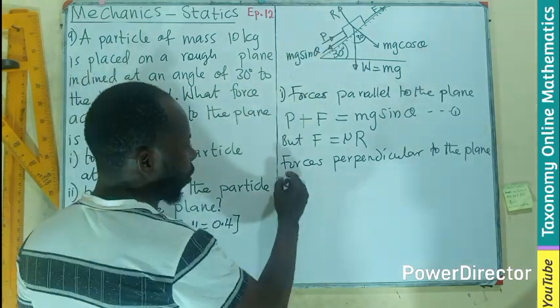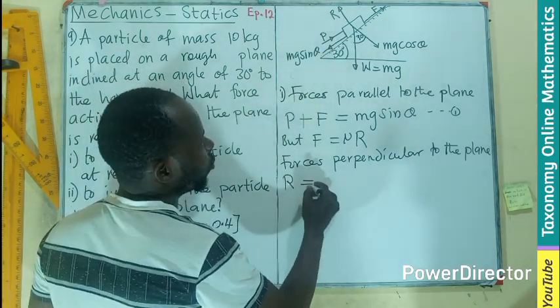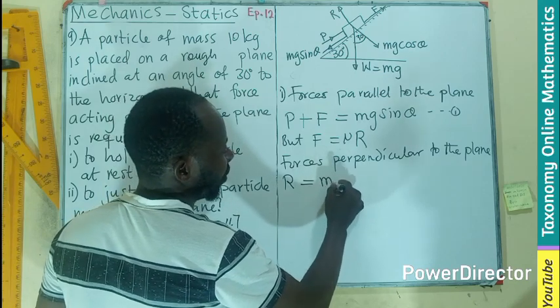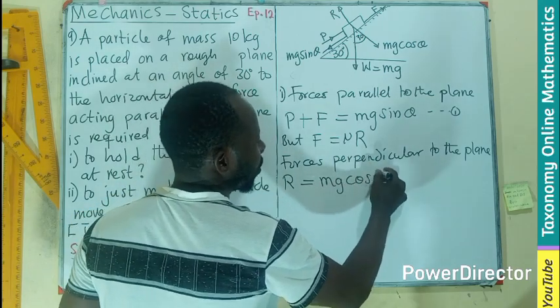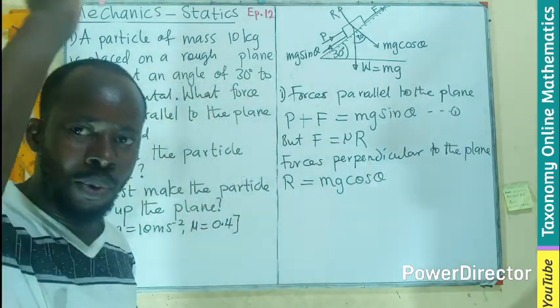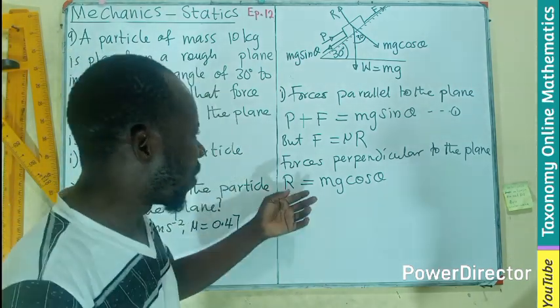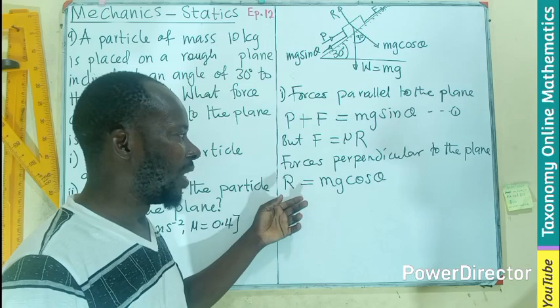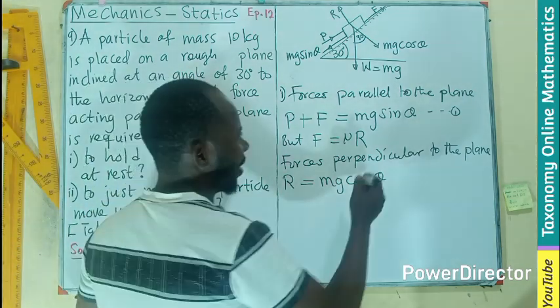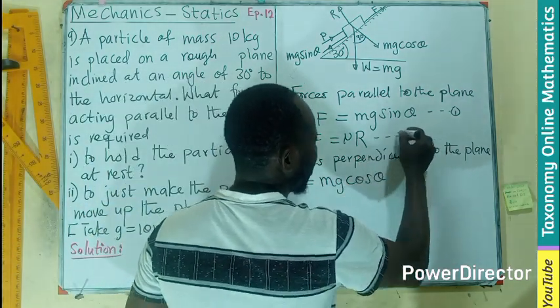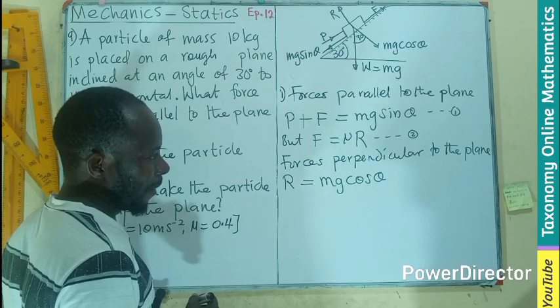The upward force, which is the normal reaction, should equal the downward force mg cos theta. So the upward force equals the downward force in this case, and we can find the normal reaction easily from here. Can I say this is my equation 2, since I'll be using it again?